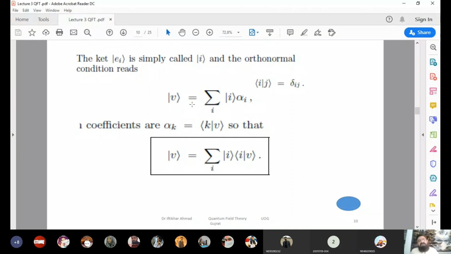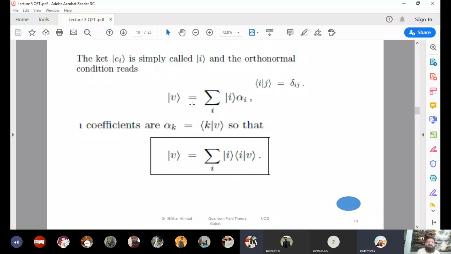Okay, this is the ket notation. This is not vector V; this is the ket notation of vector V. So how can you represent V in ket form? Sometimes I give you the vector, and I can ask you how to write it in the form of a ket, or how to write it in the form of a bra.